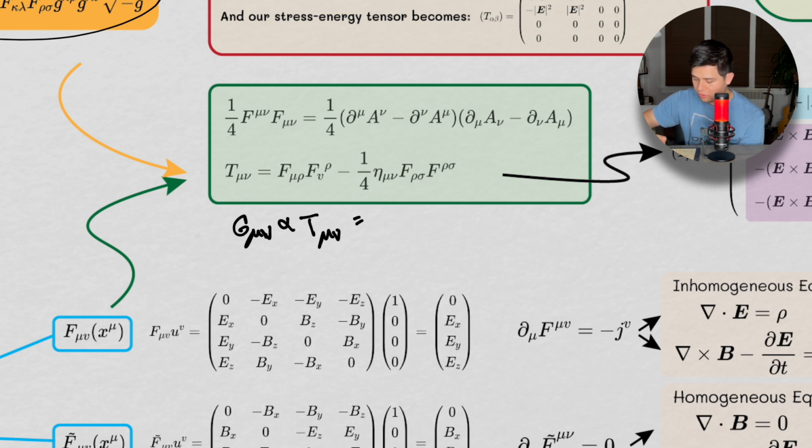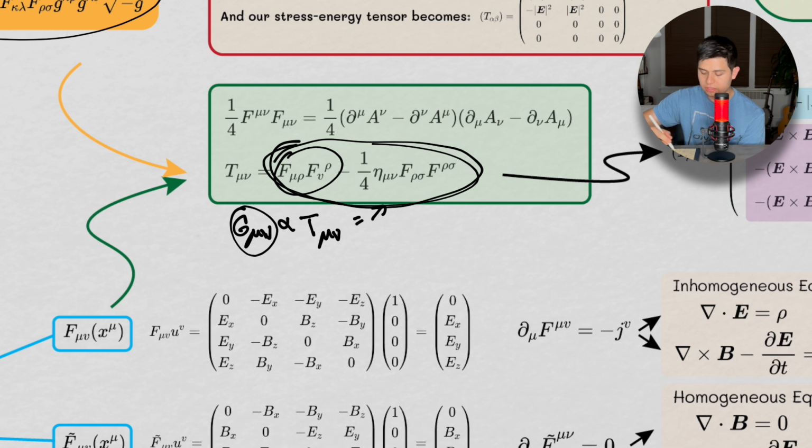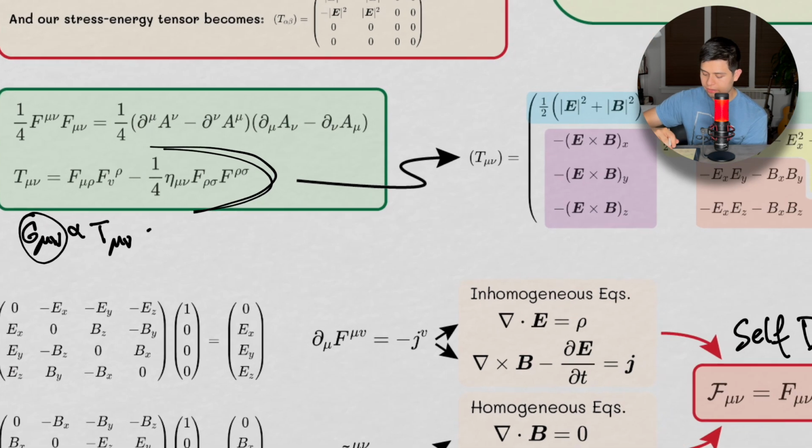And we say T mu nu is equal to all of this, and this is all phrased in terms of the electromagnetic field. So the idea is that this is geometry, this is mass, this is electromagnetism. All right.